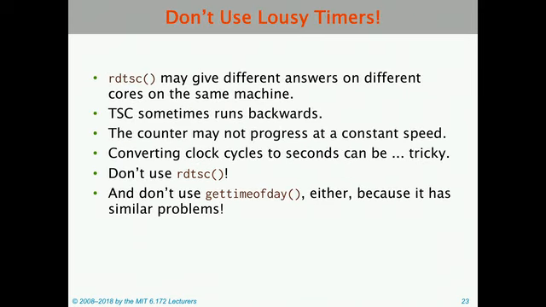Well, one thing is that RDTSC may give different answers on different cores on the same machine. So the cycle counter is on a processor-by-processor basis, okay? Sometimes TSC runs backwards, as I mentioned. And also the counter may not progress at a constant speed.